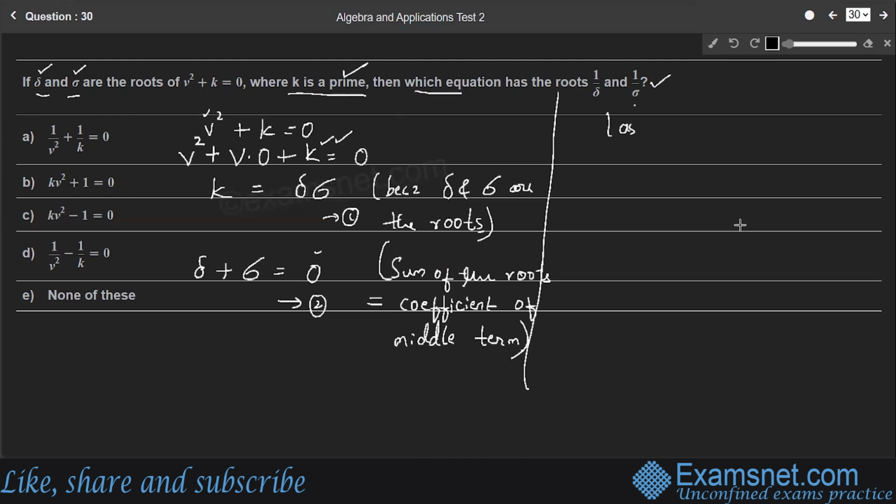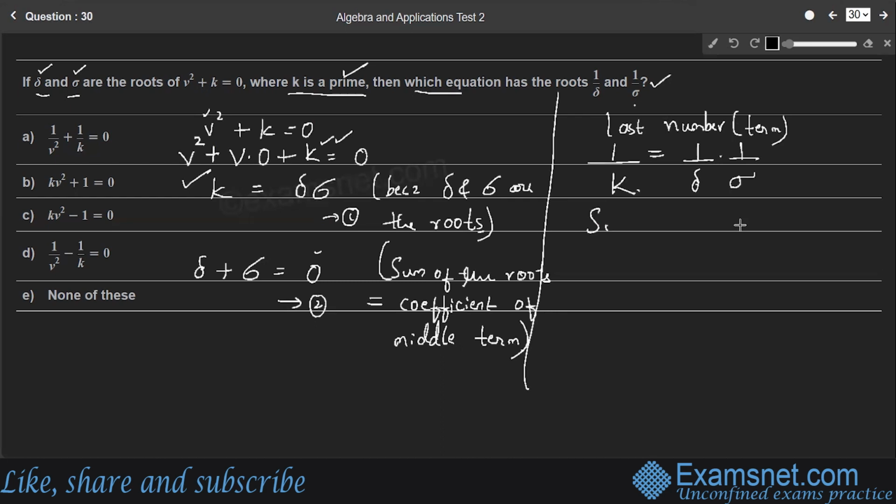So the last number, or the last term, is equal to the product of the roots, right? Therefore, it is 1 by delta into 1 by sigma, right? So, what is delta into sigma, which is k? Therefore, 1 by delta into 1 by sigma can be written as 1 by k, right?